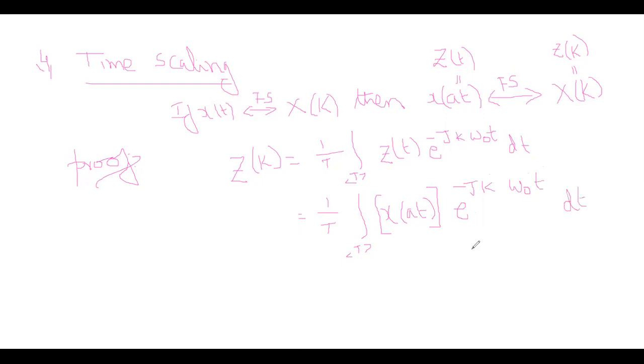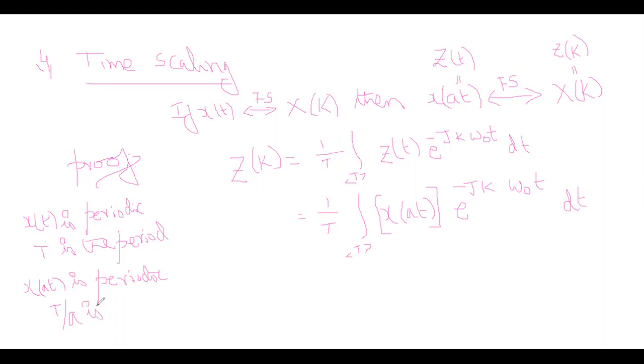What we said: when x of t is periodic, T is the period. And if x of at is periodic, what is the time period here?